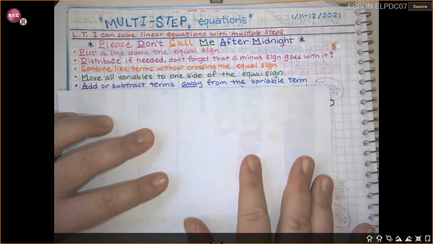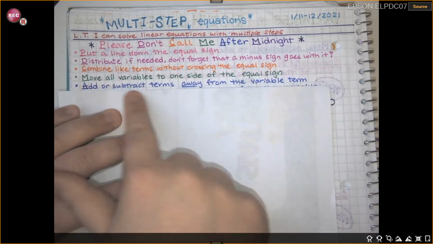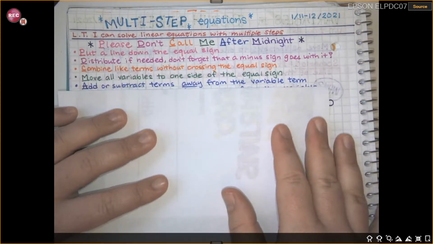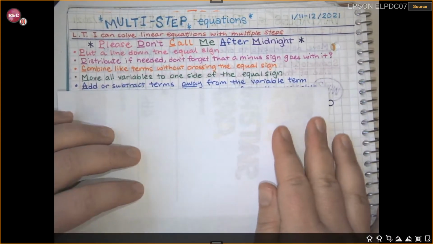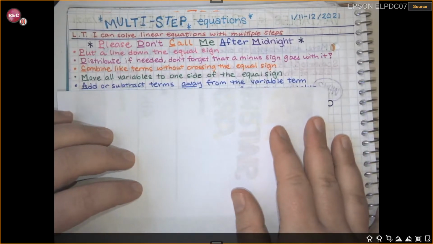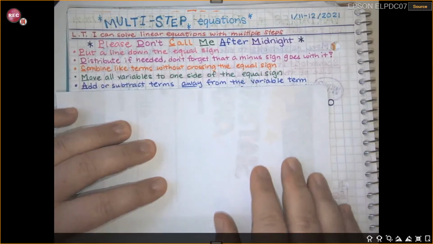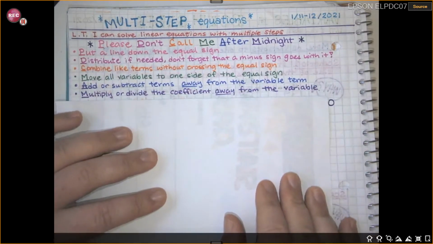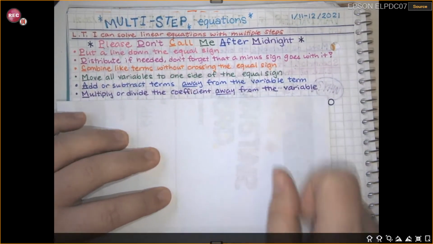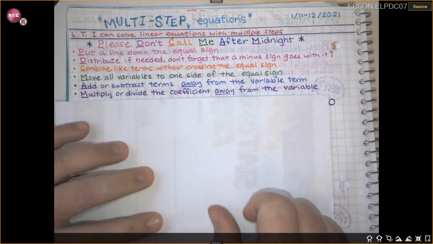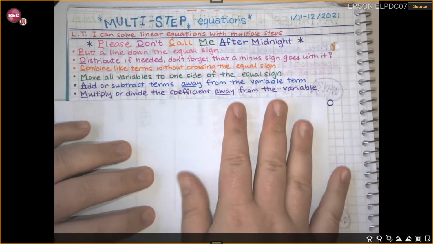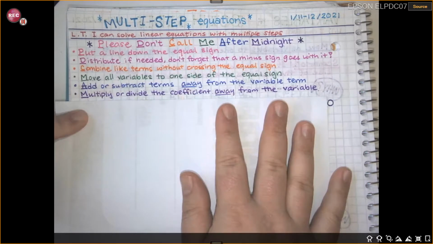The A from after stands for add or subtract terms away from the variable term. So that's essentially the first step in a 2-step equation, and you'll see that when we get to it. And then the M from midnight is multiply or divide the coefficient away from the variable. Okay, so that will help us get through these.